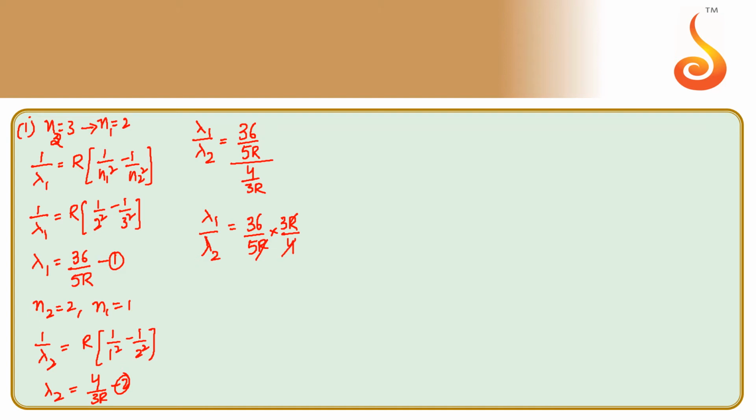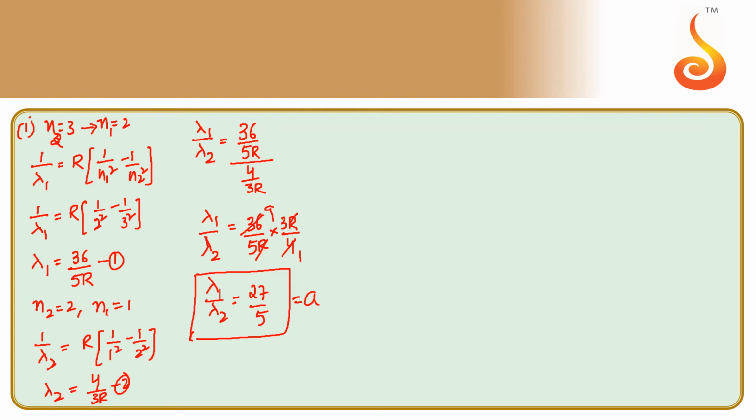R and R get cancelled, 4 ones are 4, 4 nines are 36, so 9 threes are 27 by 5. So lambda 1 by lambda 2 is 27 by 5, which is equal to A. So A is equal to 27 by 5.